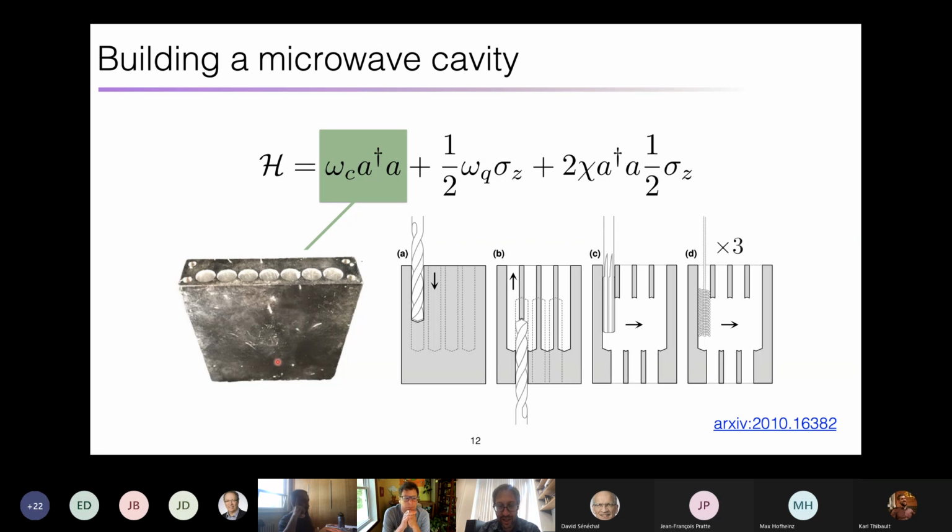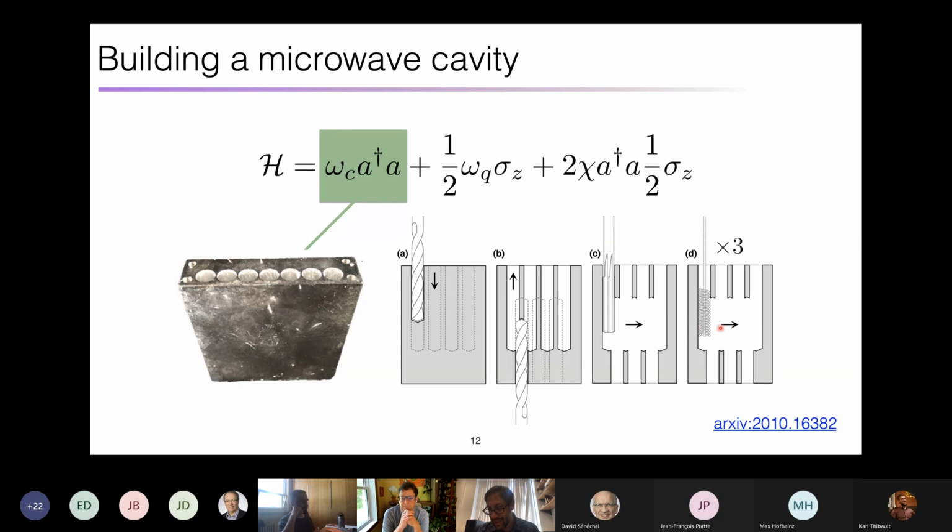We have this funny technique for making it, where we want to make a box inside of a solid block of material, and we don't want to just cut it in half and make a box, because then you might worry about stuff leaking out of or into the seams. So what we do is drill it from both sides, and you can think of it as a little bit like the mesh on your microwave, except a little bit deeper, because we want very, very little power to leak in or out.